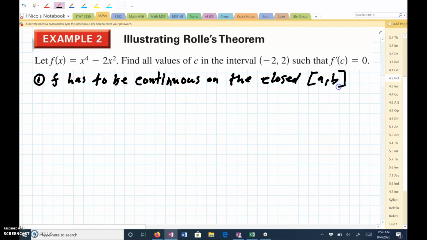So let's see if we have that. So we have our function f. Find all values of c in the open interval, such that f prime of c equals 0.